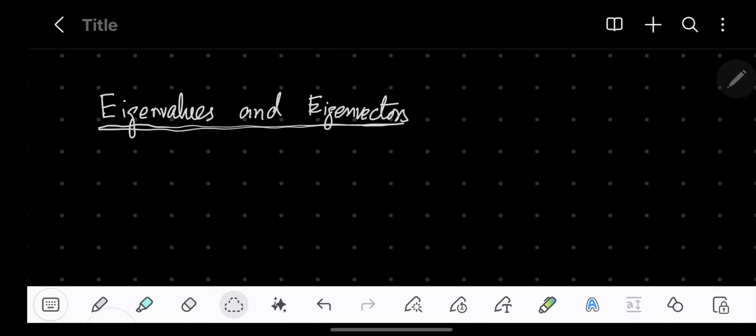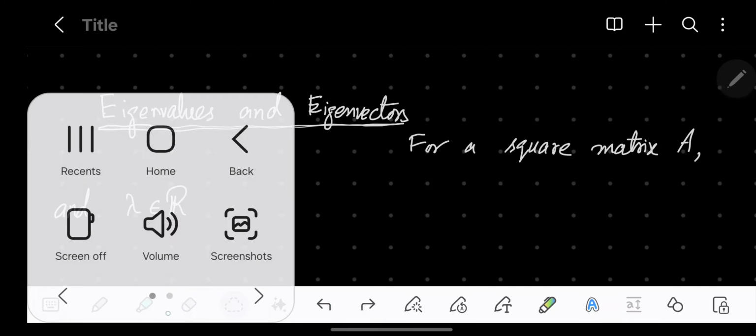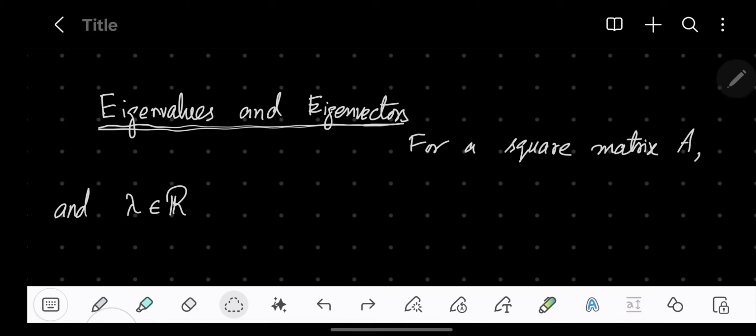So in this video we will talk about the eigenvalues and the eigenvectors. If you have a square matrix A whose size is n by n and you have a scalar lambda, where lambda is a real number, this means lambda belongs to the real numbers.